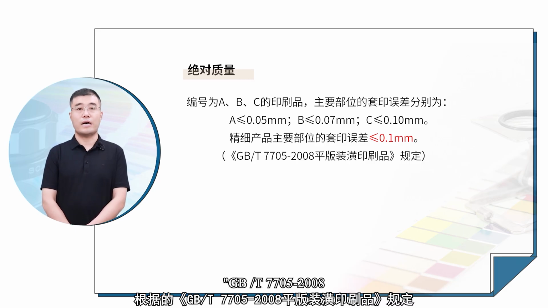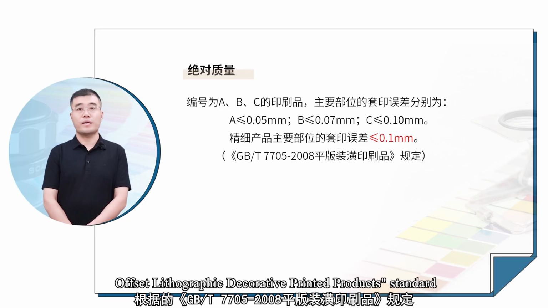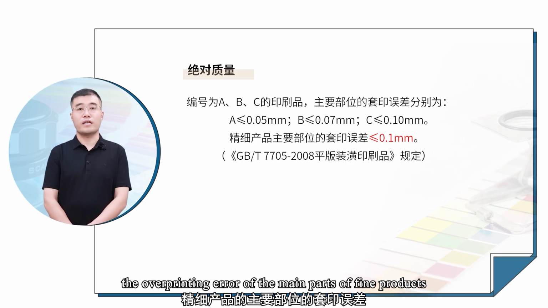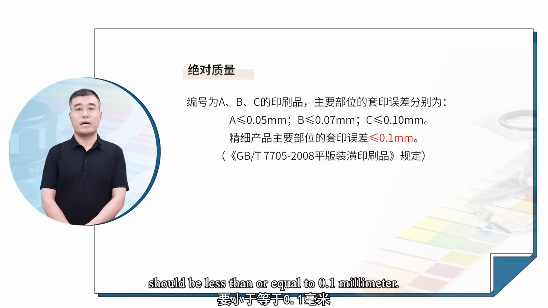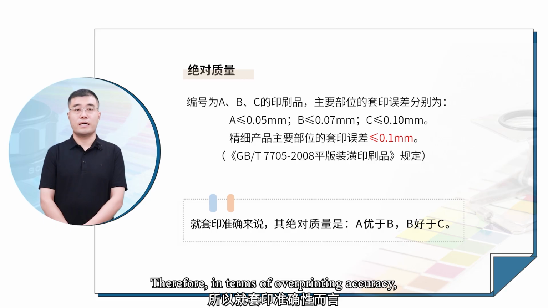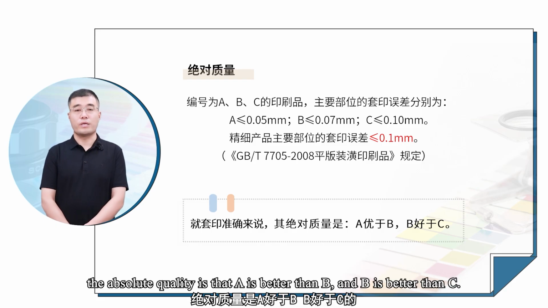According to the GB/T 7705-2008 Offset Lithographic Decorative Printed Product Standard, the overprinting error of the main parts of fine products should be less than or equal to 0.10 mm.